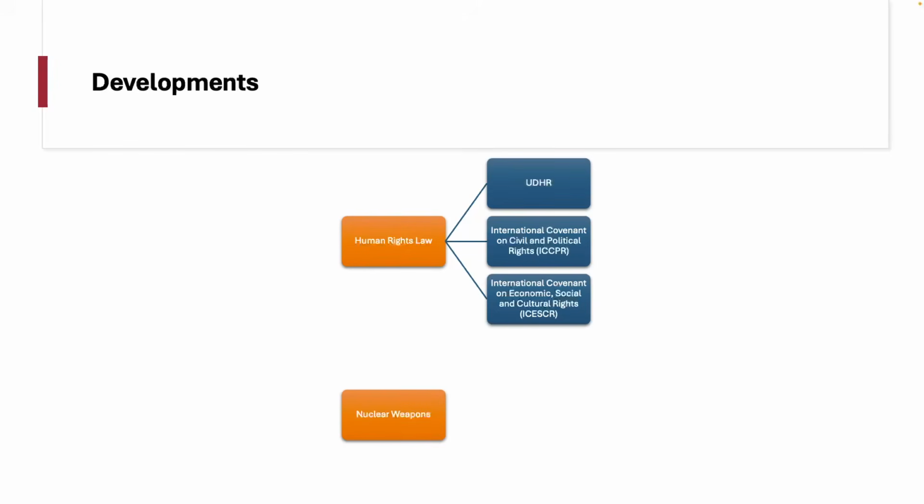Furthermore, we can obviously see that nuclear weapons, as I've mentioned earlier on, become a very key point of inflection for international legal development, because the threat of nuclear war is just too big to ignore. And so, in 1968, for example, we see the Treaty on the Non-Proliferation of Nuclear Weapons. Nuclear weapons, by this point, are a strict reality.